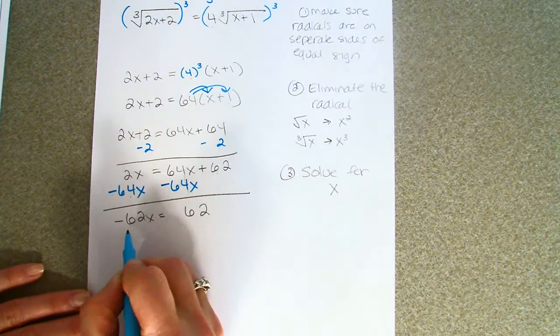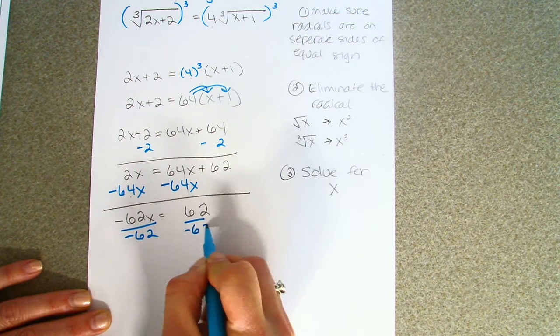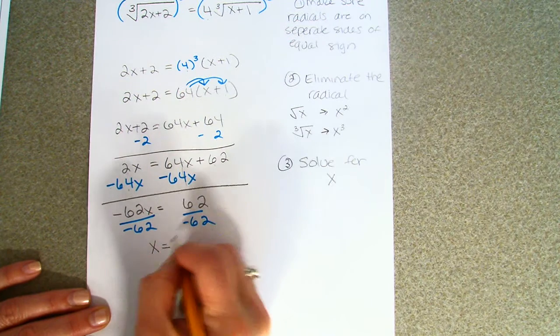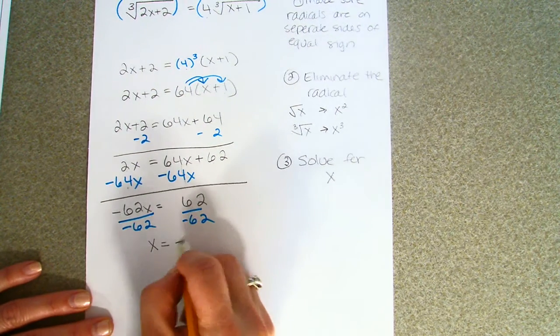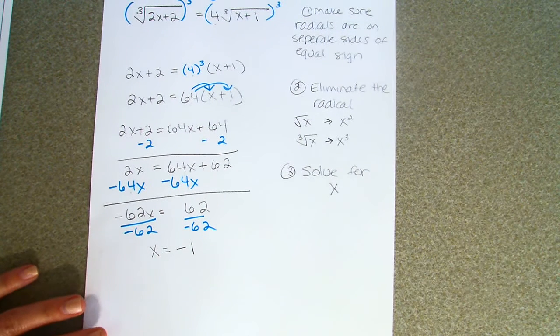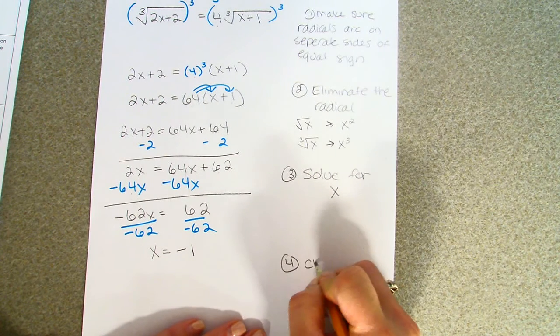So to do the inverse or opposite, I will divide both sides by negative 62. On the left, I'm left with x, and 62 divided by negative 62 is negative 1. Yay, I did it, but I need to finish up and check for extraneous solutions.